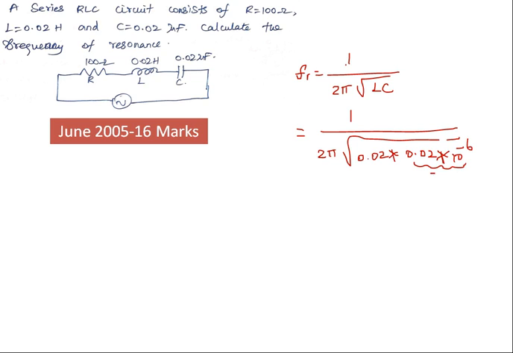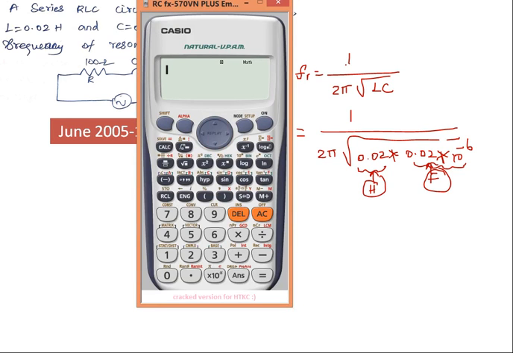The unit of capacitance will be available only in farad. The unit of inductance will be available only in Henry. Henry as well as farad. Don't just put microfarad here. 1 divided by 2 pi into root of L value 0.02 into 0.02 into 10 power minus 6.